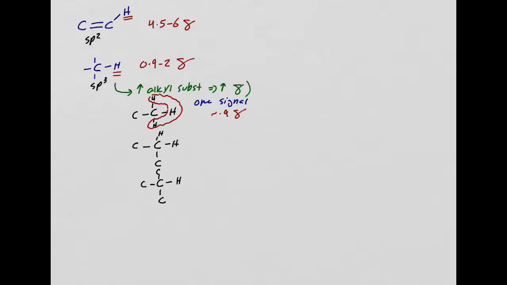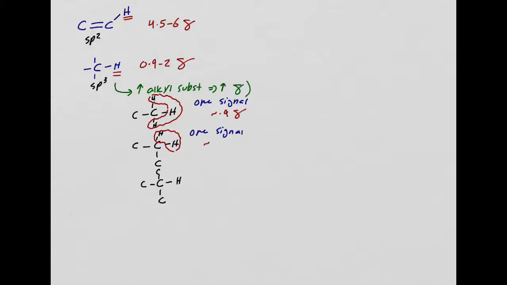Okay. Now let's come down here. These two hydrogen are going to give rise to one signal, right? They're one set of unique hydrogen, they're equivalent to each other. Now, this carbon is attached to two carbon. What did I say? The more alkyl group you have, the higher the chemical shift. So what do you expect this to be?